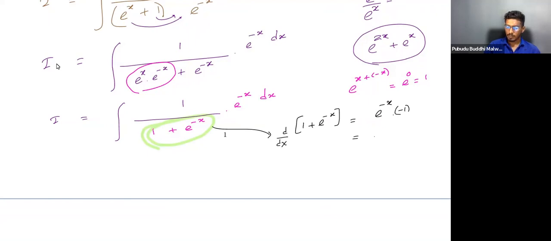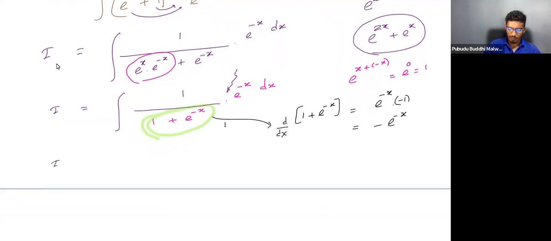So minus exponential minus x, we can easily create the minus sign here. We can multiply that term by minus 1 times minus 1, that is plus 1. Then we can easily complete that problem. So I'm going to write minus 1 here, because that's just plus 1.